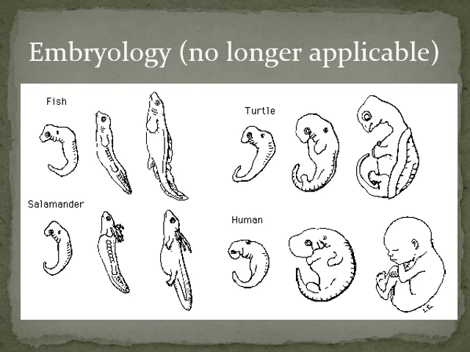The final thing I want to quickly touch on is embryology. It is not a form of evidence. For a short period of time, it was sort of accepted as an idea that could be used to explain common descent. And if you look at some of the embryos here of a fish, a turtle, a salamander, which is a type of amphibian, and humans, you can see why, if people look at these pictures, they might come to the conclusion that we had common ancestors.